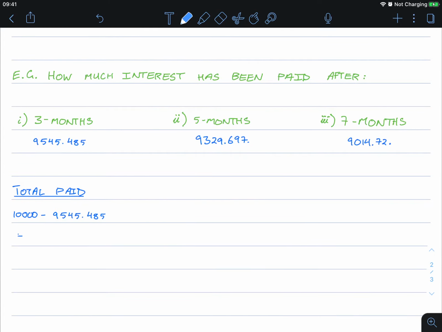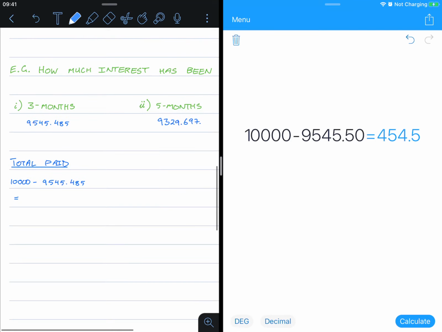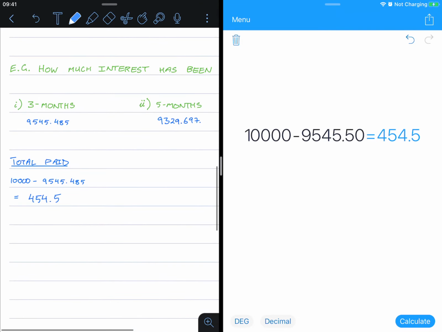That is equal to, let's calculate it here, 10,000 minus 9,545, let's round to the nearest 10 cents, so 0.50. So they've paid in total 454.5. Oh, sorry, I made a mistake here.